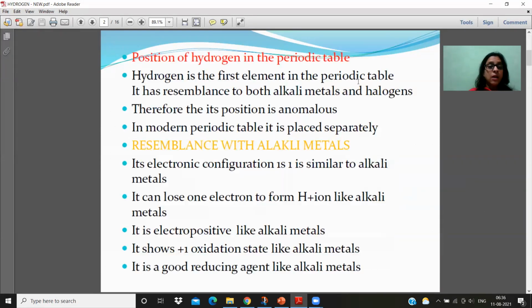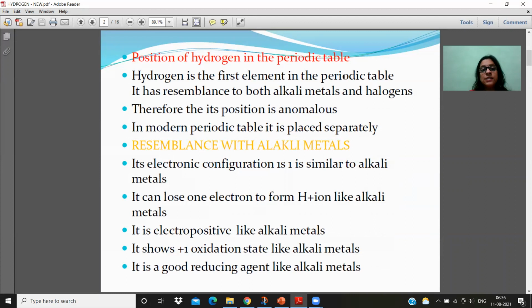Okay beta. As we know, it is a diatomic molecule, H2 gas, which is present in the atmosphere, and it can become a great source of energy also, and that's why it is very important that we study hydrogen in detail.